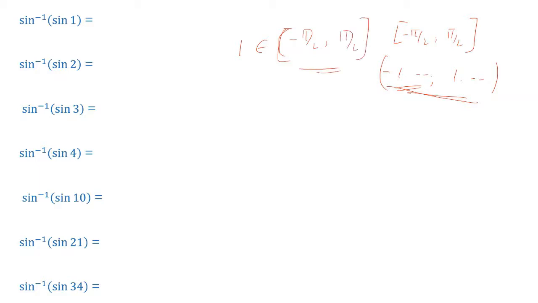If it lies in this interval, sin inverse sin x is equal to x, so this will be 1. Similarly for 2: you see this point 2, it does not belong to minus pi by 2 up to pi by 2.